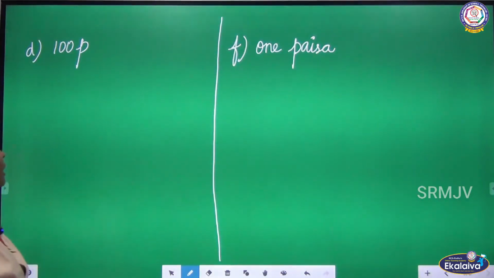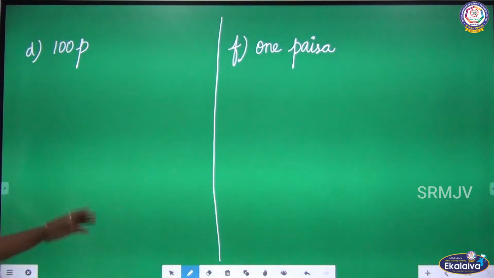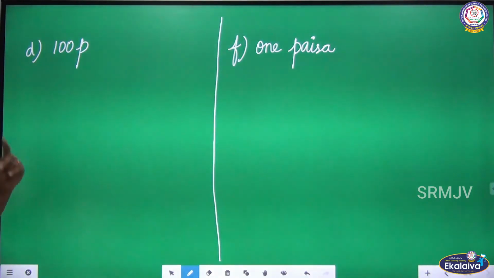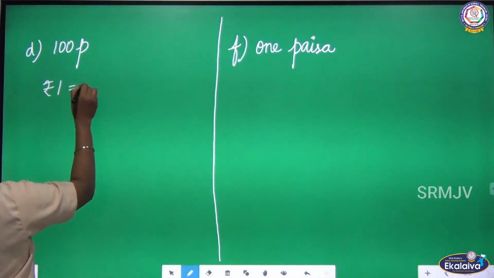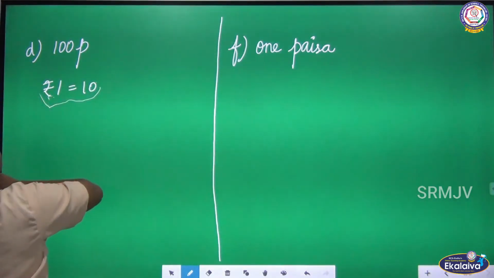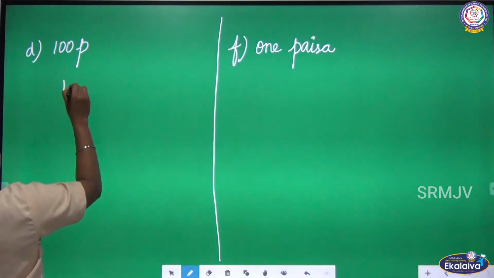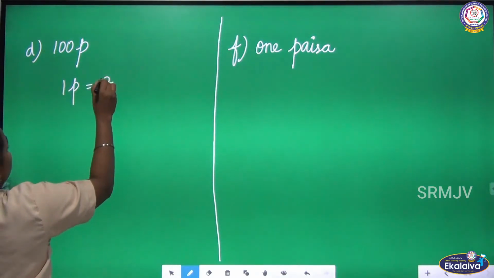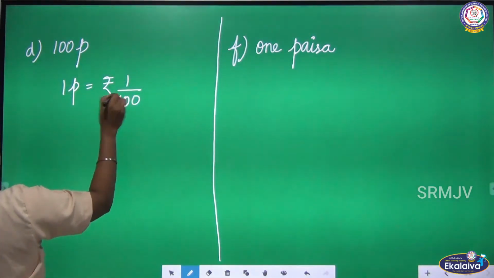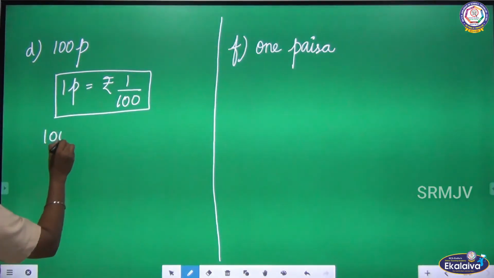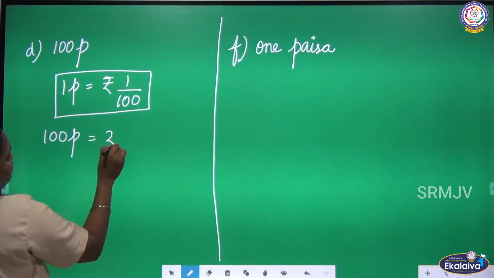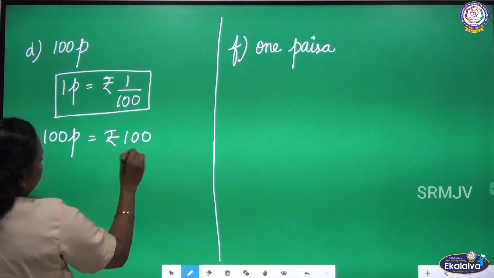Next one, 100 paise. So you know very well what is 100 paise. 100 paise equal to 1 rupee. So 1 paise equal to rupees 1 by 100. So 100 paise equal to rupees 100 by 100.